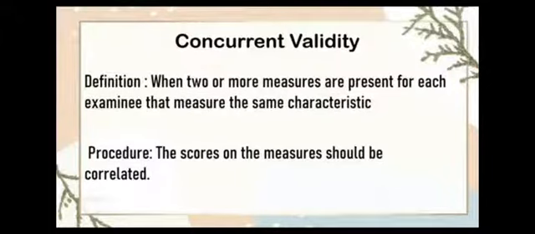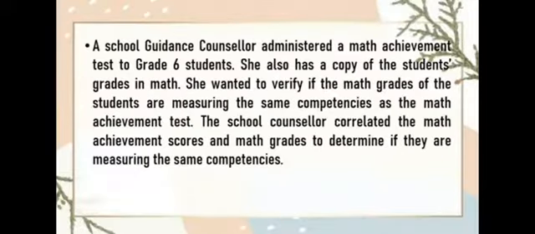Now we move on to concurrent validity. Concurrent validity is when two or more measures are present for each examinee that measure the same characteristic. The procedure is that the scores on the measures should be correlated. The example situation: a school guidance counselor administered a math achievement test to grade 8 students.